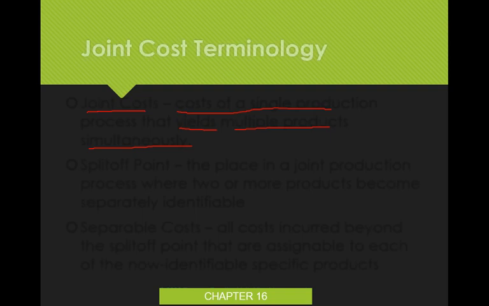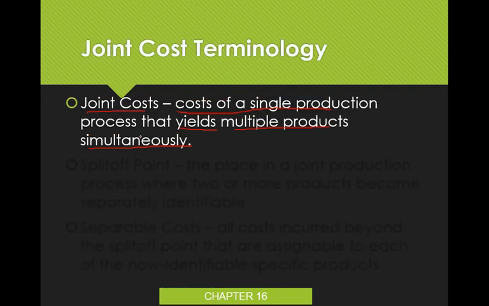Joint cost is the cost of a single production process, like the oil refinement process, that yields multiple products.